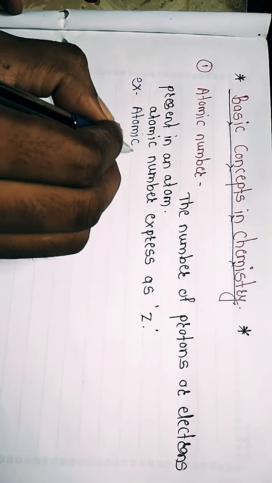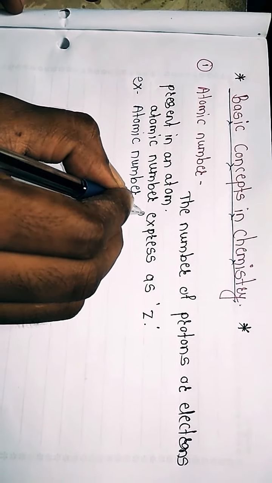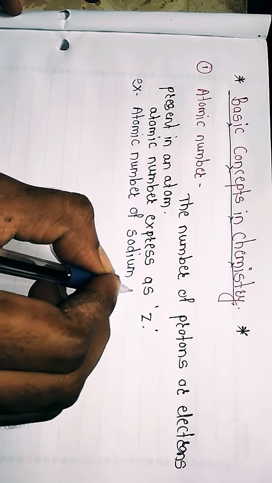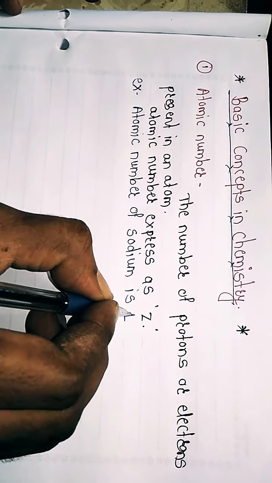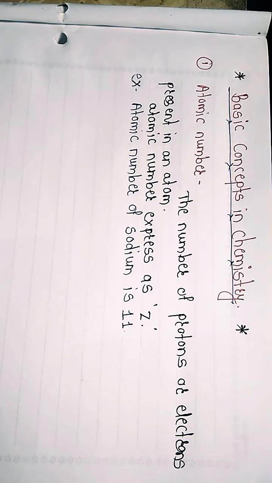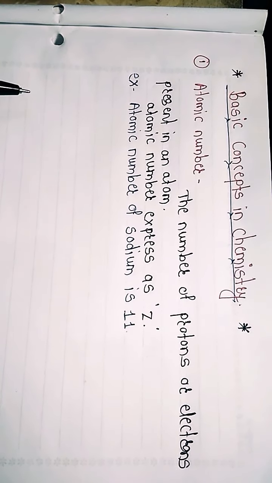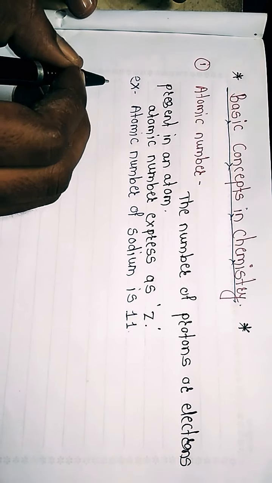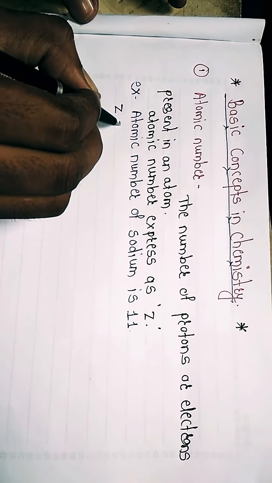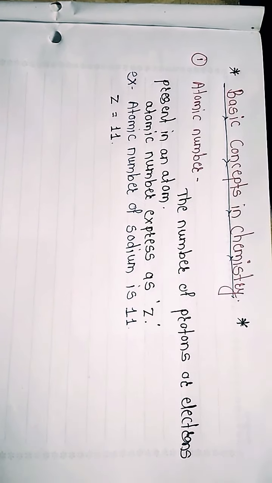Atomic number of sodium is 11, which means in the element sodium there are 11 protons or 11 electrons. But in chemical language we can express it as Z is equal to 11, which means the sodium element.